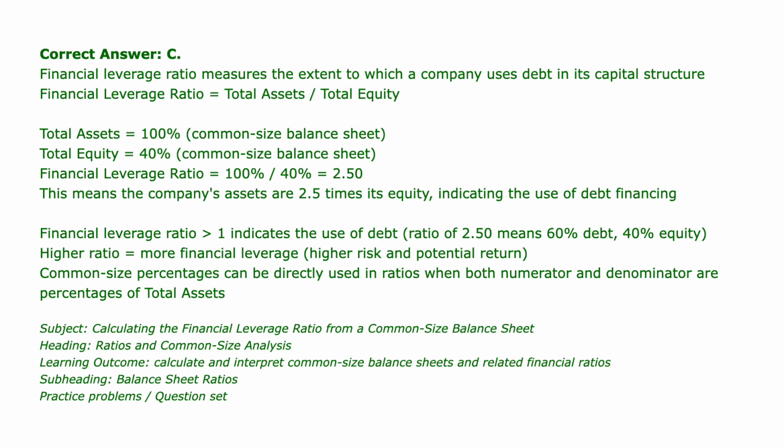The financial leverage ratio is calculated as total assets divided by total equity. A ratio above 1 indicates debt usage. A ratio of 2.50 means the company finances 60% of its assets with debt and 40% with equity.